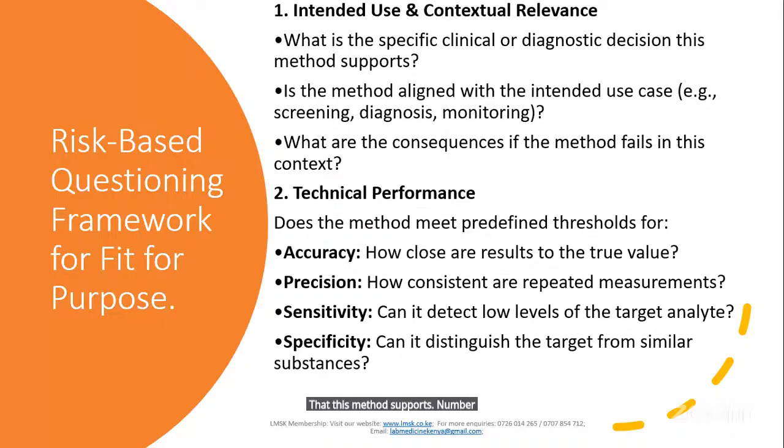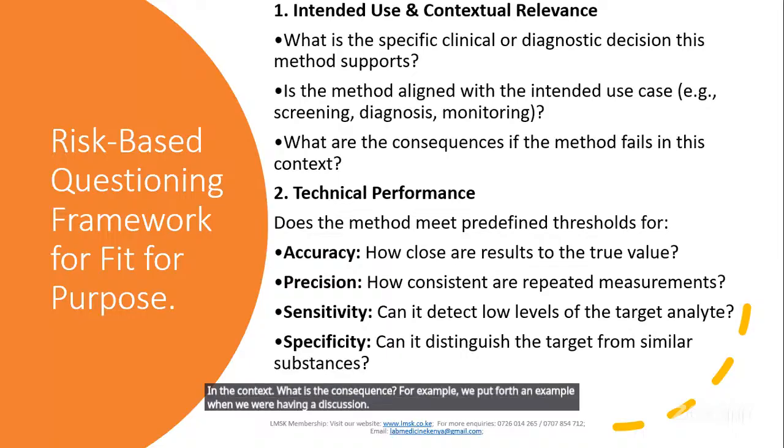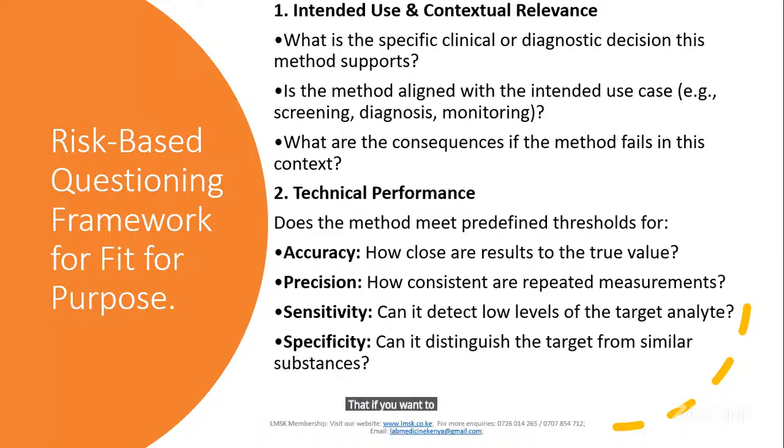Number 2, is the method aligned with the intended use? And number 3, what are the consequences if the method fails in the context? For example, we put forth an example when we were having a discussion that if you want to screen HIV in blood donors, you need to get a very highly sensitive method.